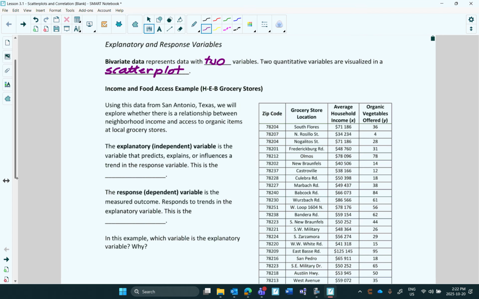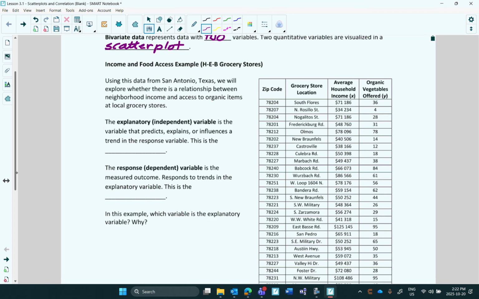So we have two variables, income and the number of organic vegetables offered. Right? The explanatory or independent variable, you should be familiar with independent and dependent variable. That's the variable that predicts the dependent variable or the response variable, or it explains it. Okay?